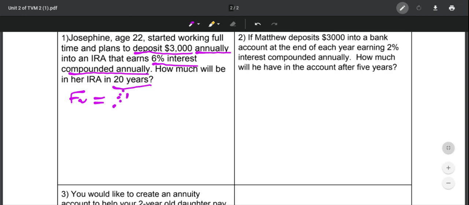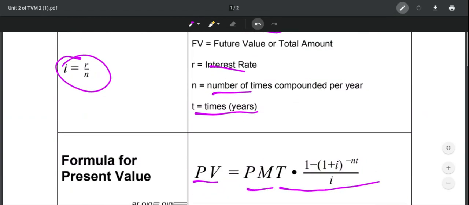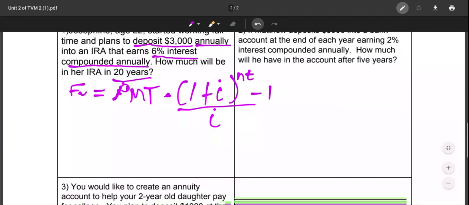So we've got PMT times 1 plus I to the NT minus 1, all divided by I. Let's go up and make sure. Yep, that's what it looks like.